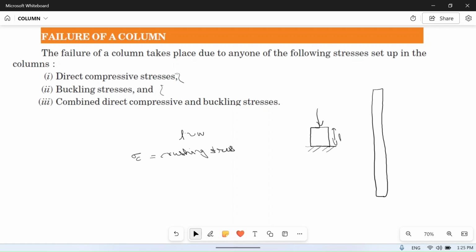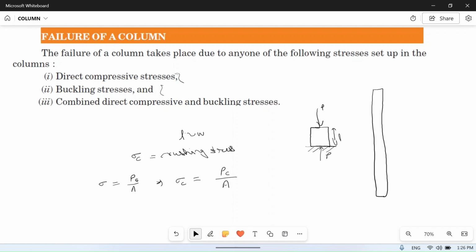So what will be the stress developed in this piece of the column? It will be sigma is equal to P by A, because we know that stress is force divided by area. Suppose this is P. So the maximum crushing stress is equal to the crushing load upon the area of this column.